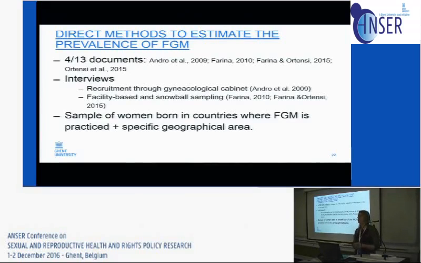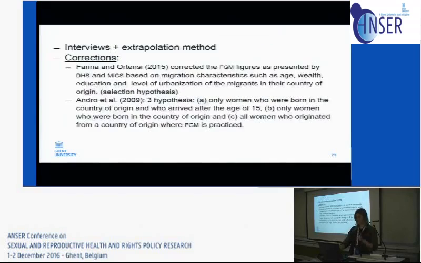You would have to have a lot of resources to find women if you want to randomize. So what they did was they recruited in gynecological cabinets, or they did a facility-based sampling and a snowball sampling. And then afterwards, when they had done their direct study, they also used the extrapolation method to generalize it for the entire country.